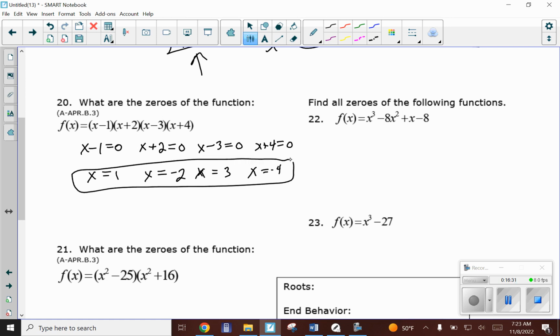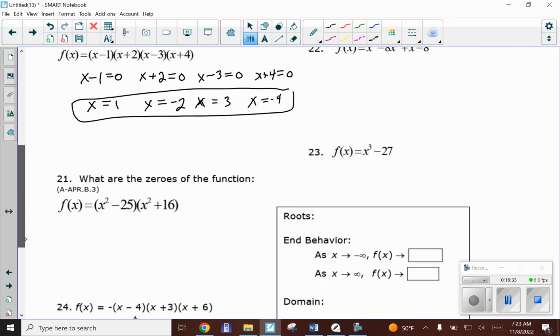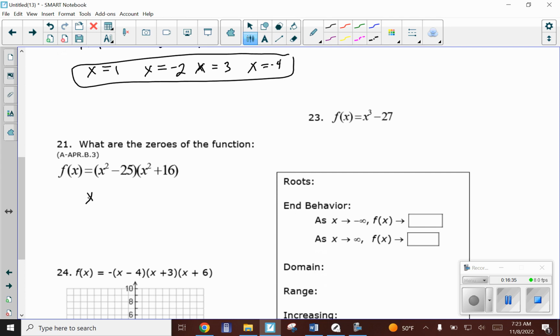Simple. The one below it, kind of the same, except it's got a little bit more work to it. So we've got x minus 25 equals 0, and then x squared plus 16 equals 0. It's asking for the zeros, and it just doesn't say real or anything, so I've got to find them all. So I'm going to add 25 to both sides. So this is x squared equals 25, and then we're going to square root this, and that gives us 2 answers.